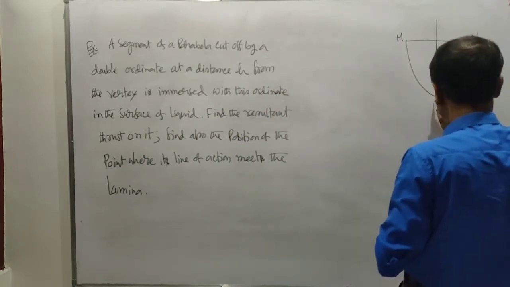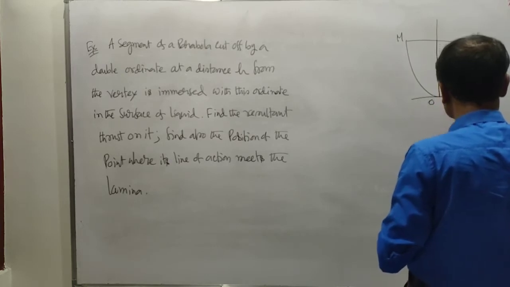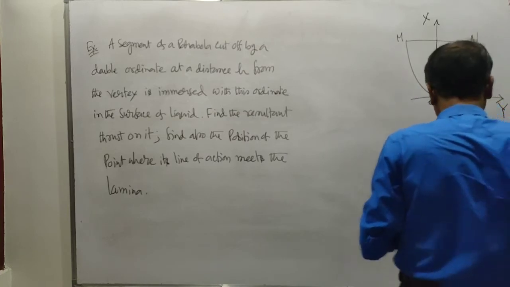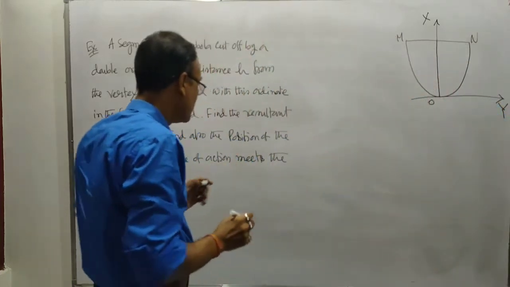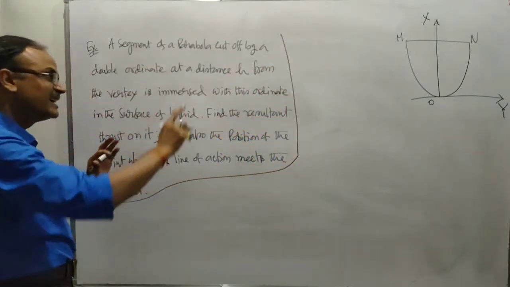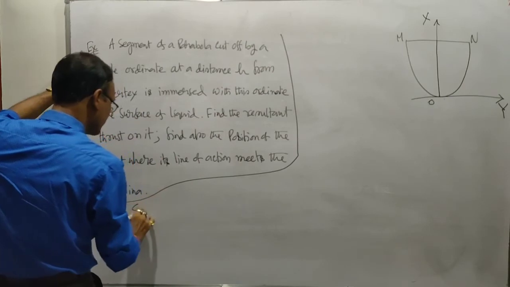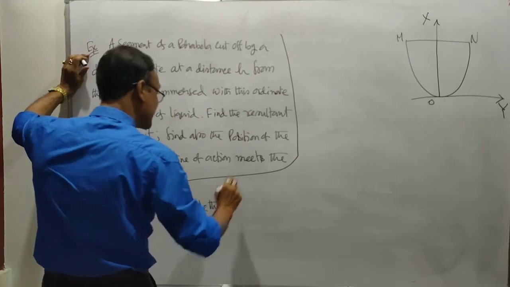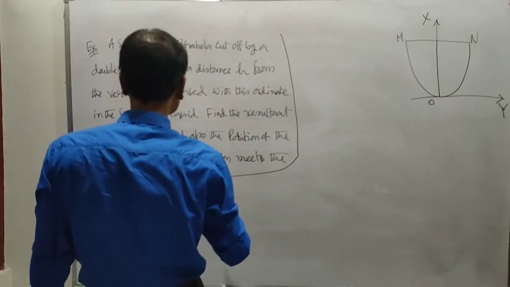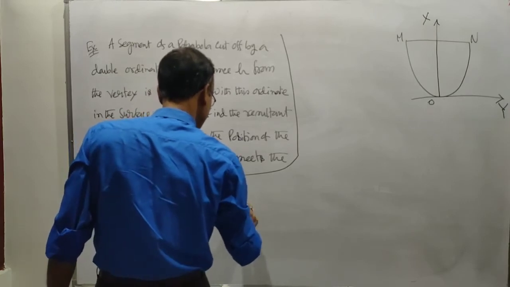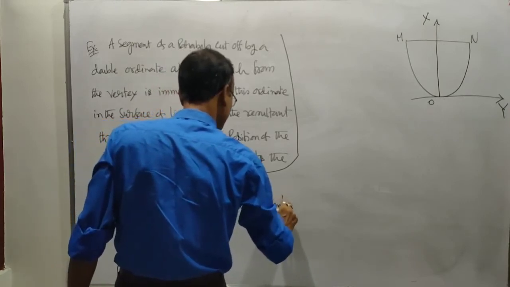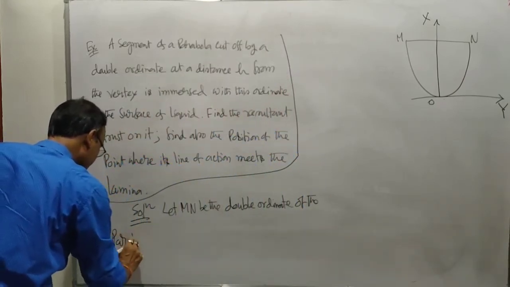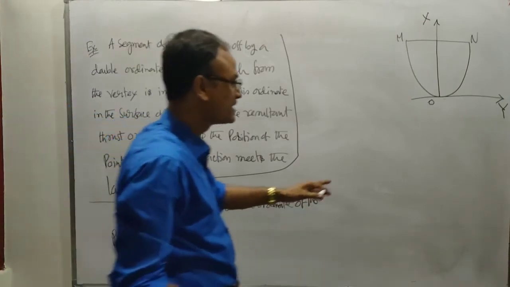O is the vertex. Suppose this is the x-axis and this is the y-axis.